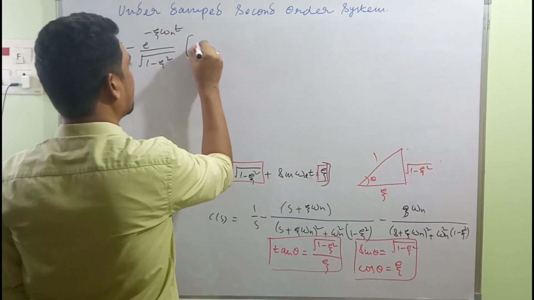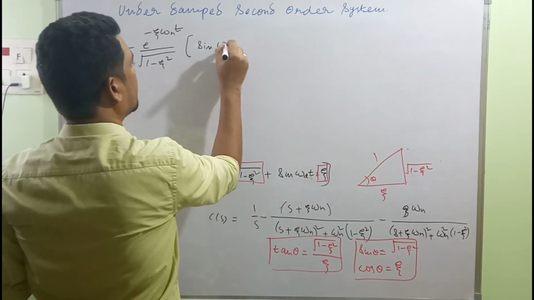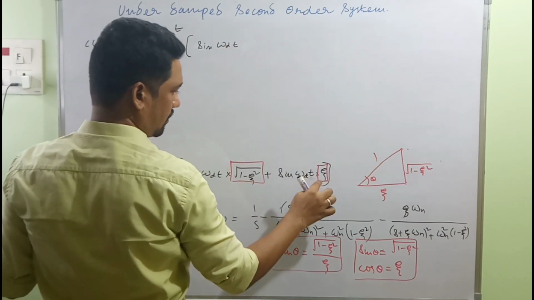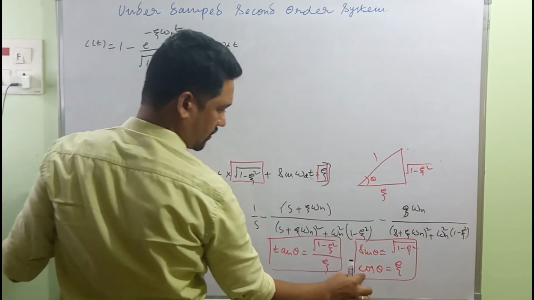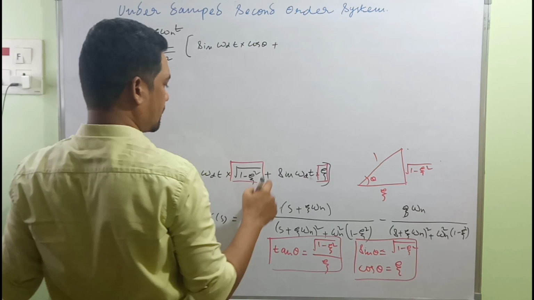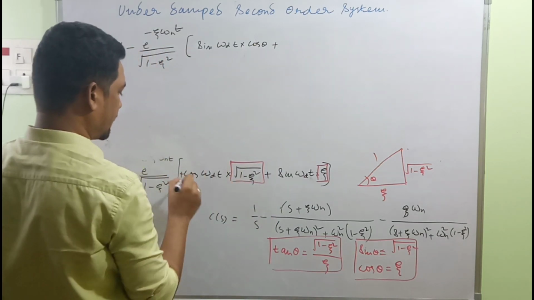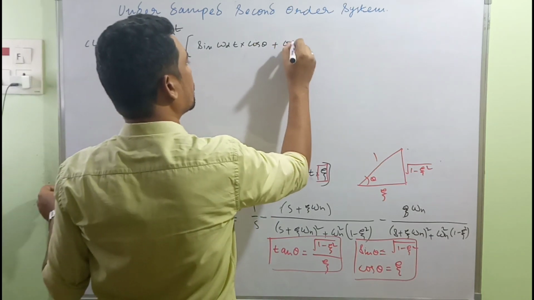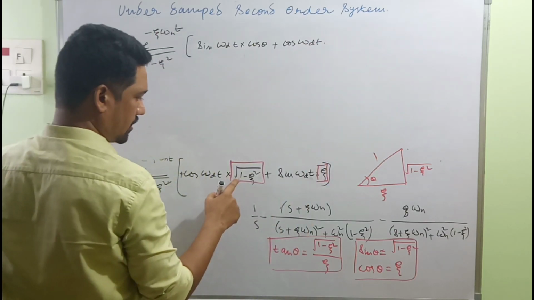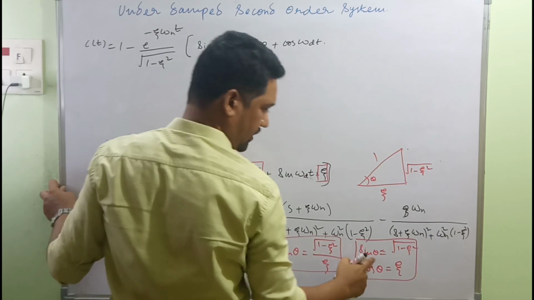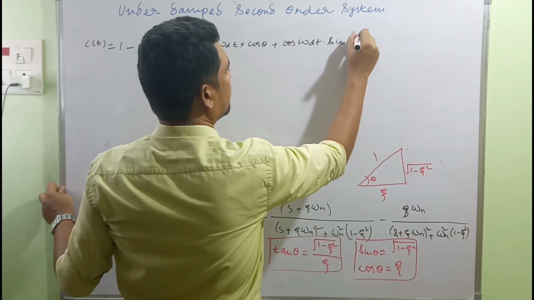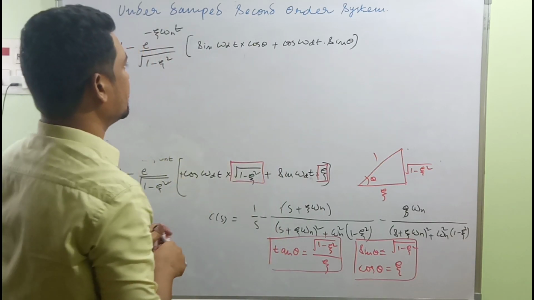It's a sine omega d t plus zeta, which is cos theta, into cos theta, and this is also plus cos omega d t into under root 1 minus zeta square, that will be sine theta from here. So it's sine theta, isn't it?